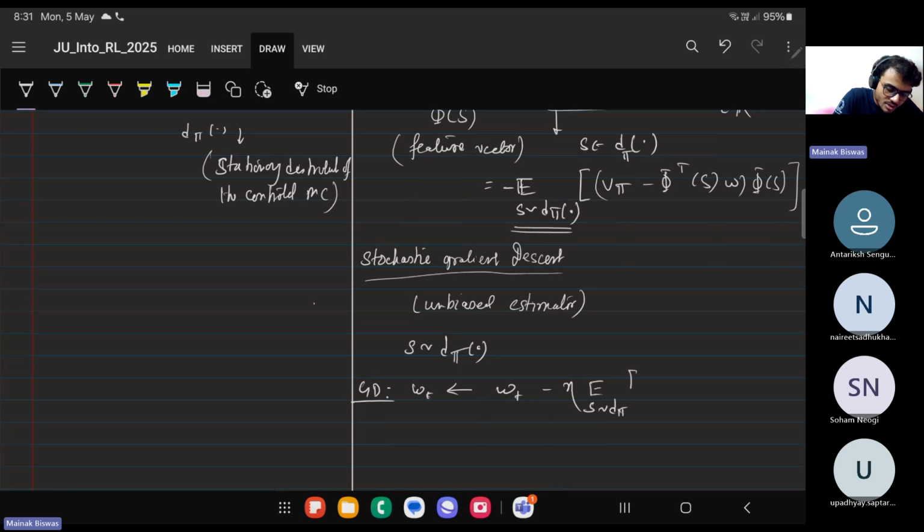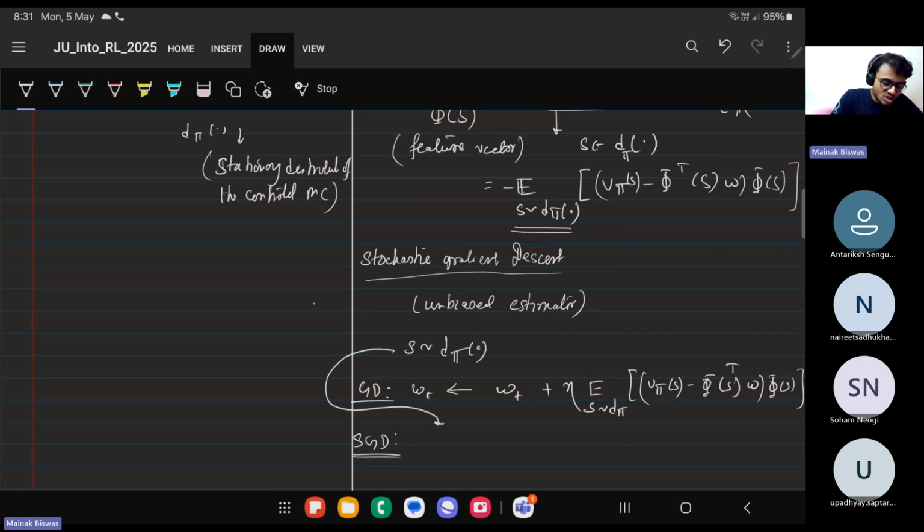The states from V pi minus phi transpose S W times phi of S, right? But SGD tells me since it is an expectation, it is an unbiased estimator.